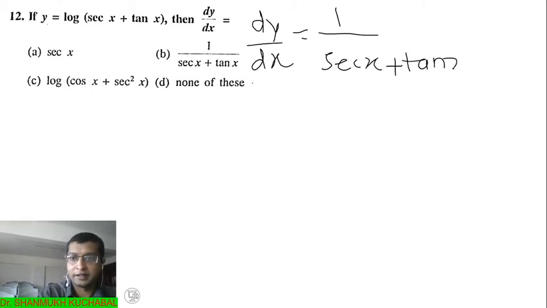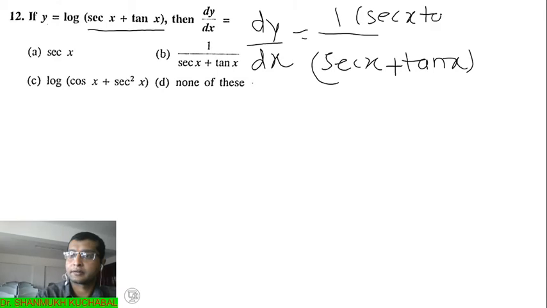Then the other function's differentiation we have to find. Sec x differentiation is sec x into tan x, plus tan x differentiation is sec square x.